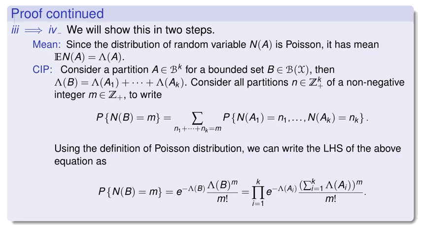This can be expanded as the product from i equals 1 to k of e to the power minus lambda of Ai times the sum from i equals 1 to k of lambda of Ai raised to m divided by m factorial.